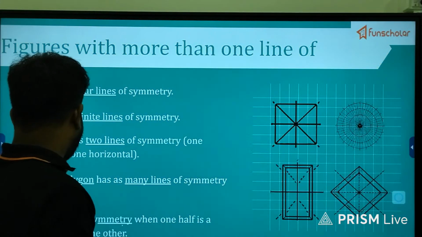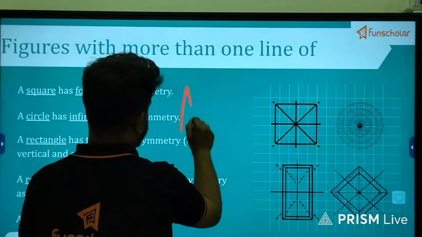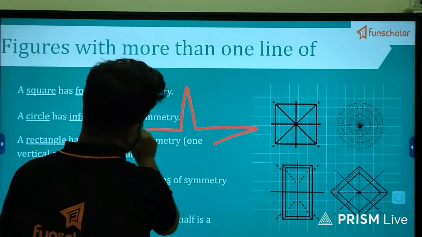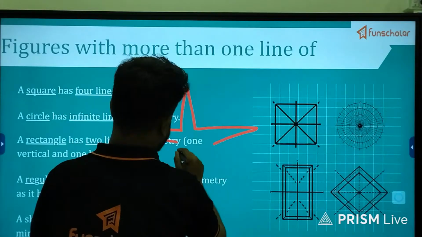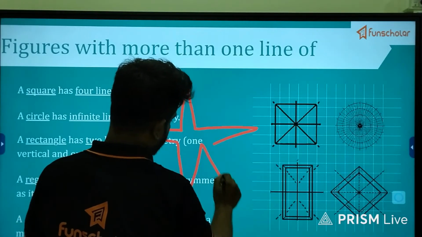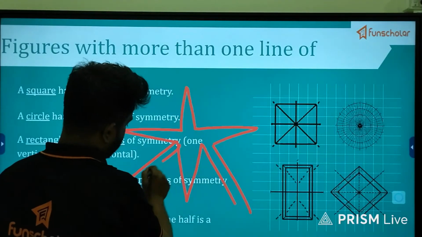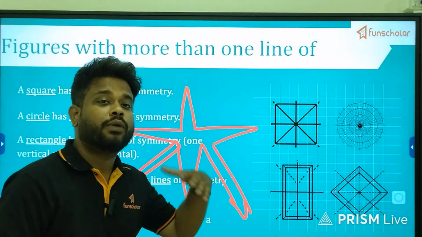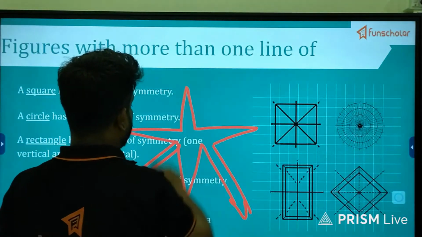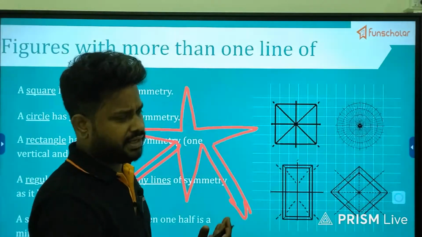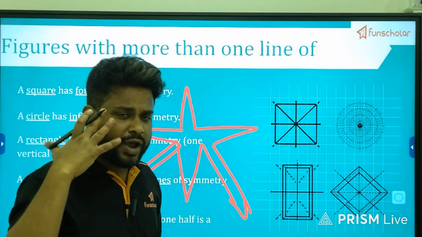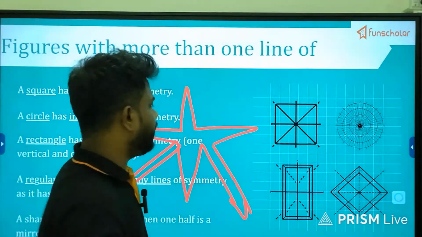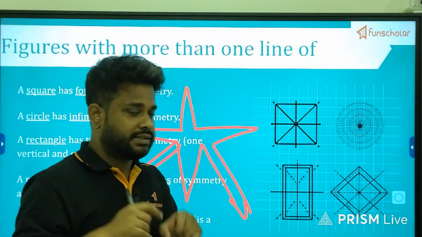But if I draw a hexagon, it will have more than one line of symmetry. Okay, this one doesn't look like a hexagon, but if you want to try this, guys, you can try this in your copy. A hexagon has 6 sides.